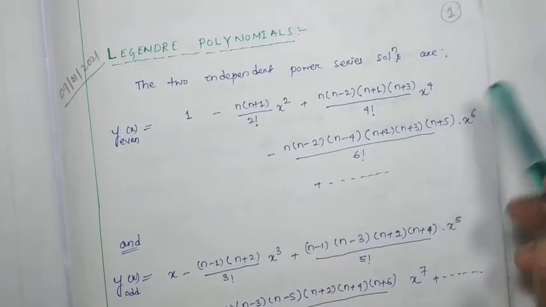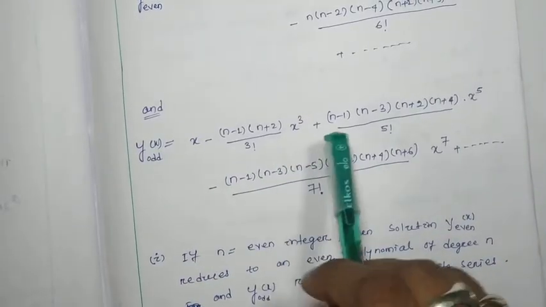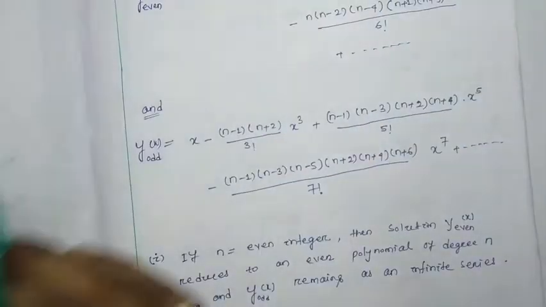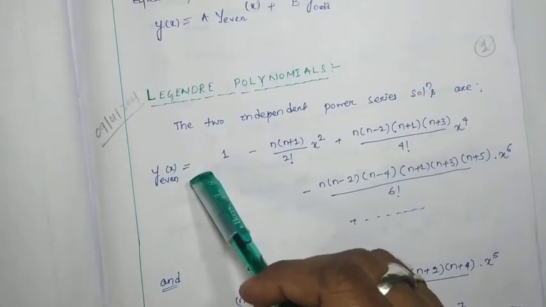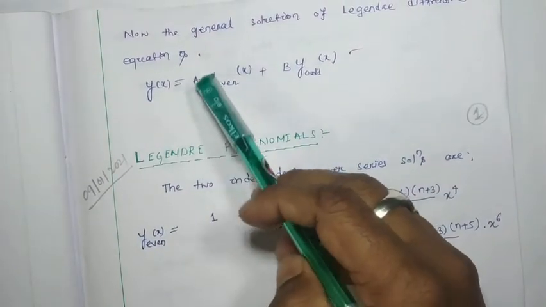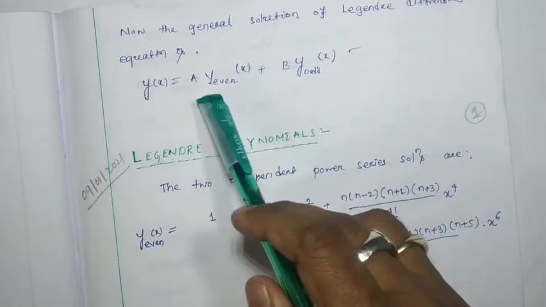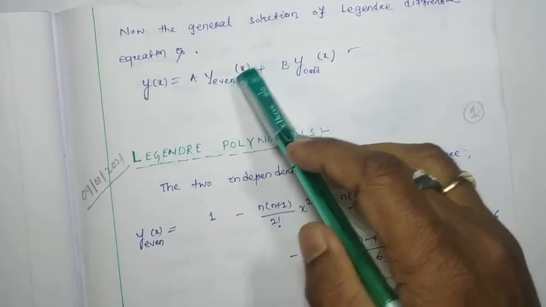Likewise, y odd you can find, we have got how much. Here I have not considered the a0 term, because a0 multiplied with something is considered as the constant. I have considered only these terms, the y even x terms.